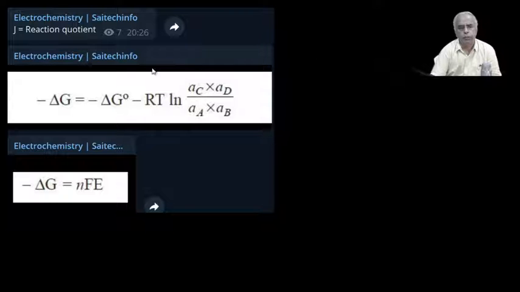So, if it is at equilibrium, we can arrive at the reaction quotient, which we can also call the chemical equilibrium constant. For example, as we already mentioned, A plus B gives C plus D. Now, when we calculate the reaction quotient, it involves the product of the active masses of the products divided by the product of the active masses of the reactants.